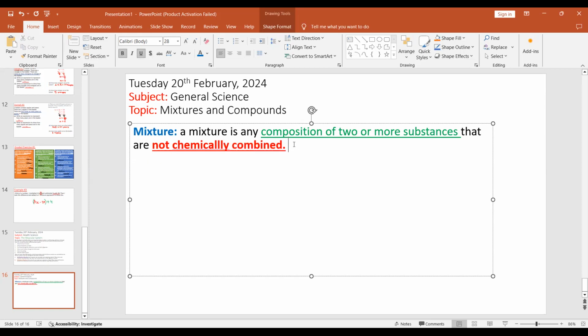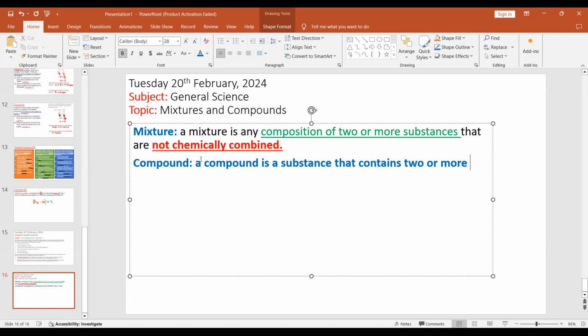So now let's look at the definition of a compound. A compound is going to be basically the opposite of a mixture. A compound is a substance that contains, anyone want to guess, 2 or more elements that are what?